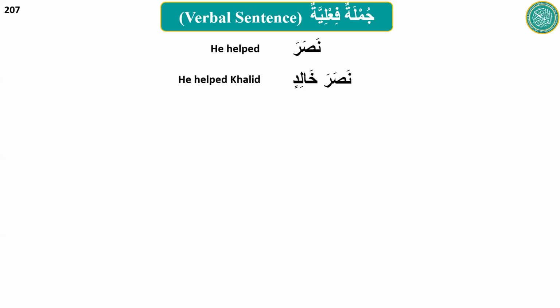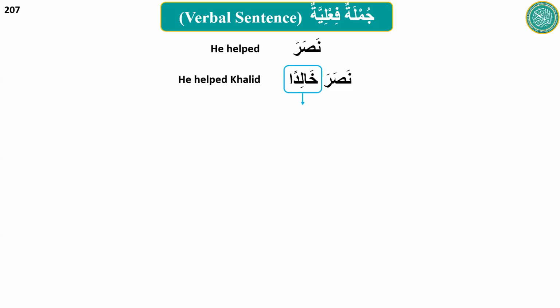Only two reasons. Mudaf ilayh, or there is a harf of jar before it. Do those two reasons exist here? No. So we cannot make it Khalidin. So what is the option left? Khalidan, and this is correct.